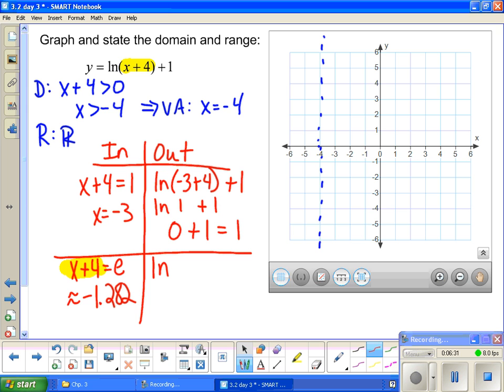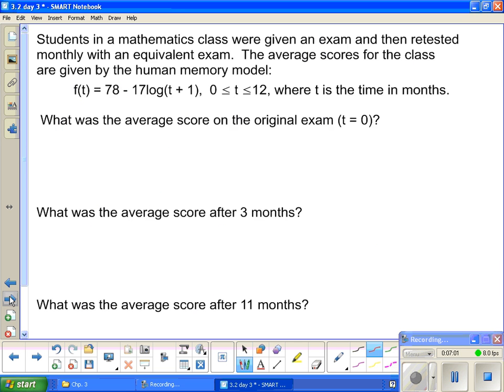Since x plus 4, I can just put it here, plus 1. Well, natural log of e is 1, plus 1, 2. Let's plot our points. Negative 3, 1. Negative 1.28 right around there, and 2. My natural log graph.